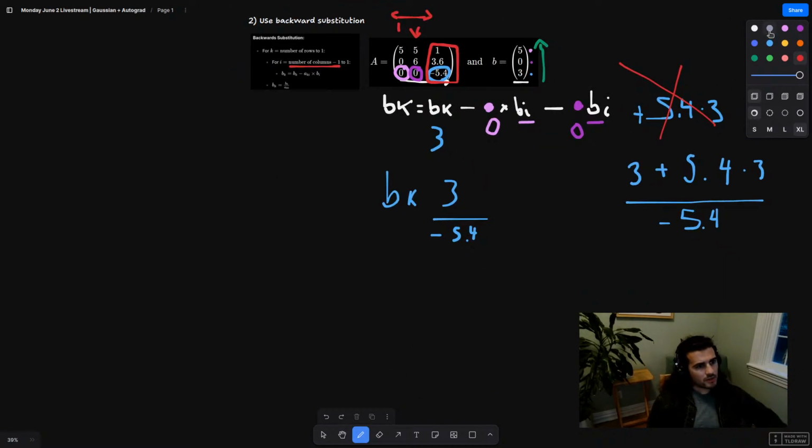Because the second one, right? If we look at it, we have the second one here. So this is the second row, and this was the third row.